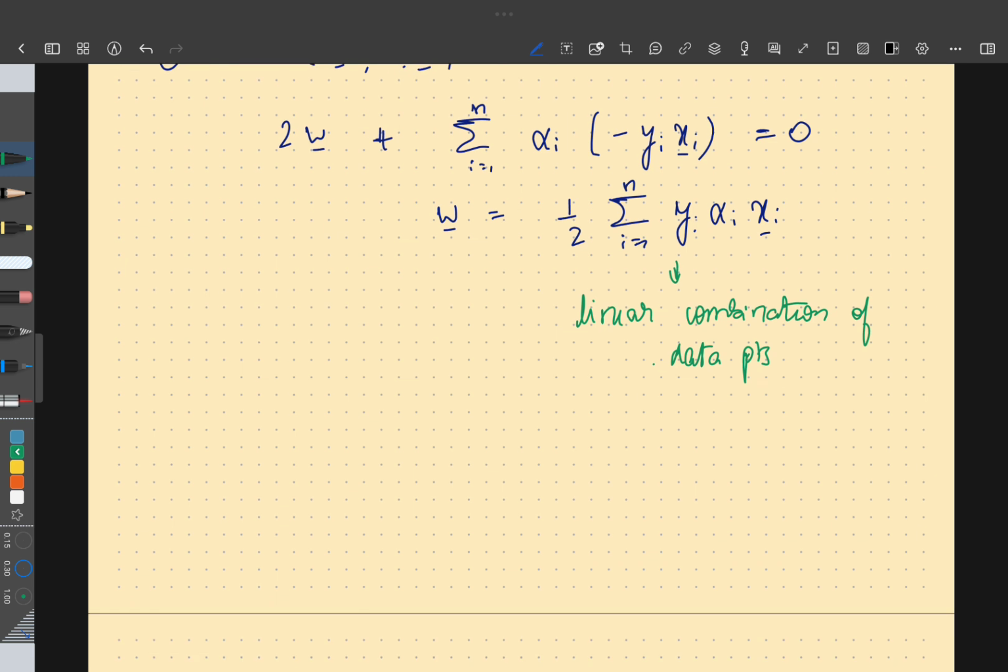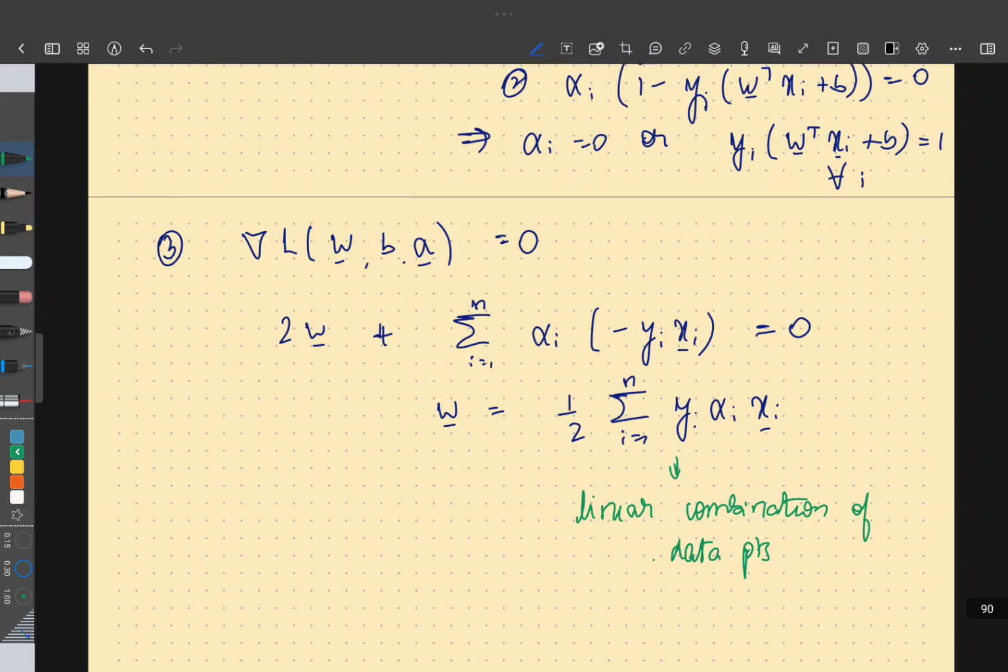And moreover, just from the complementary slackness conditions, we know that not all of the alpha i's are going to be non-zero. It's equal to 0 if yi times w transpose xi plus b is not equal to 1. Now we're guaranteed that yi times w transpose xi plus b is greater than or equal to 1.